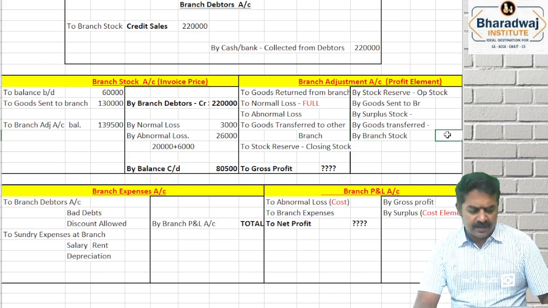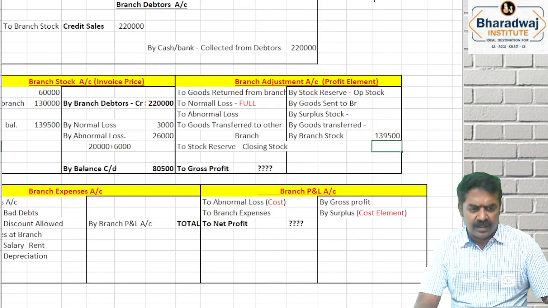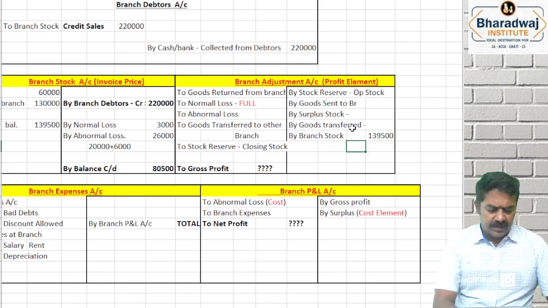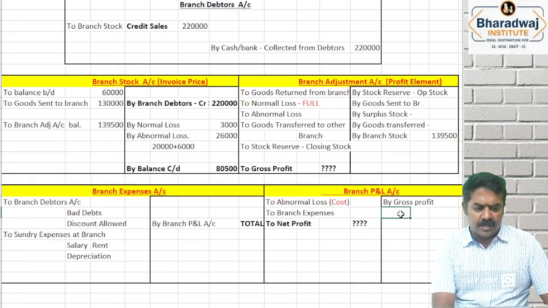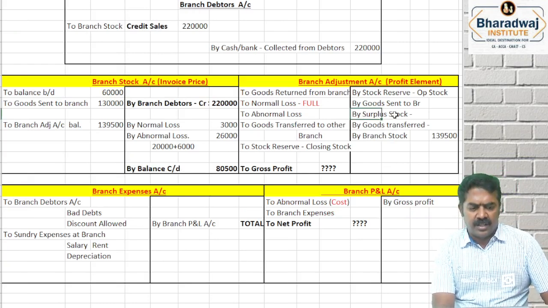How much? 1,39,500. Sir, should I have to see cost element and profit element? That is optional. Since abnormal loss is also there, the branch stock would have surplus, so we can bring it like that.